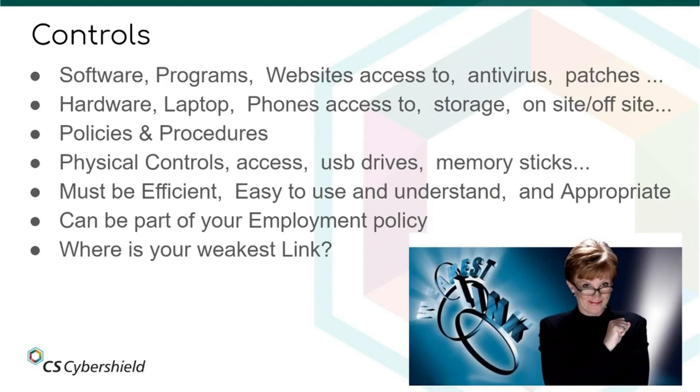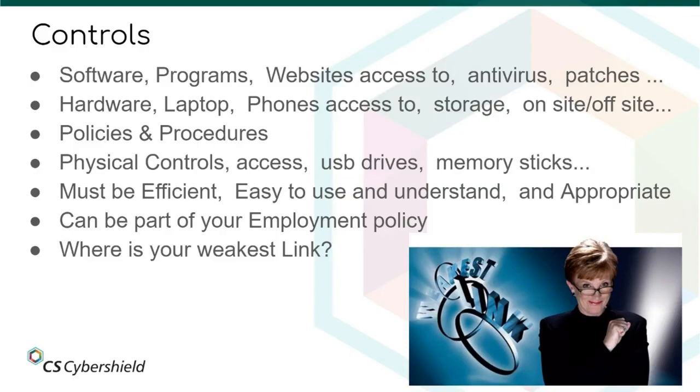Lastly, we can see all the areas where controls can be put in place. We have software, we have hardware, we have data, as mentioned before extensively. We have policies and procedures.